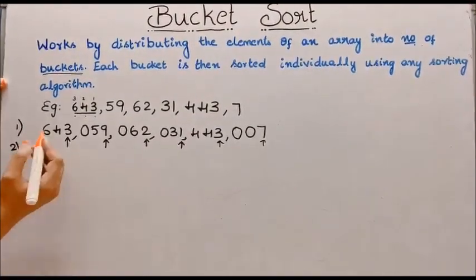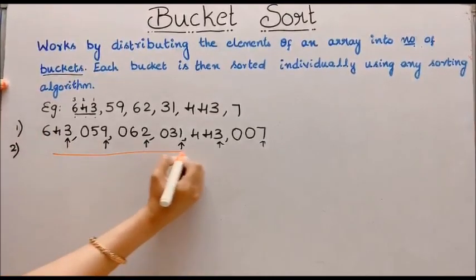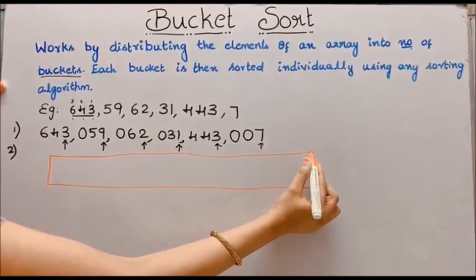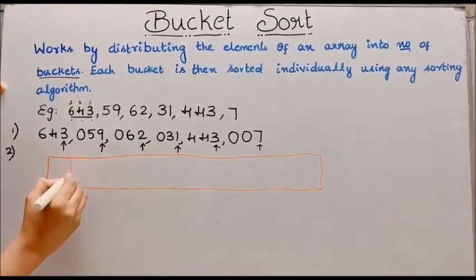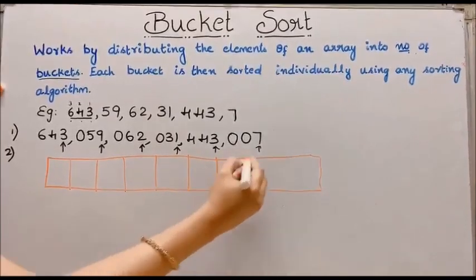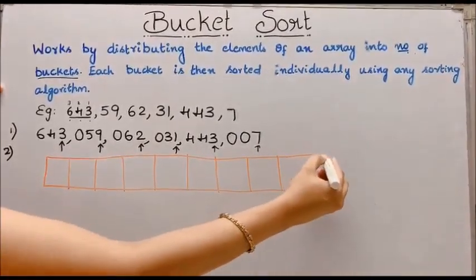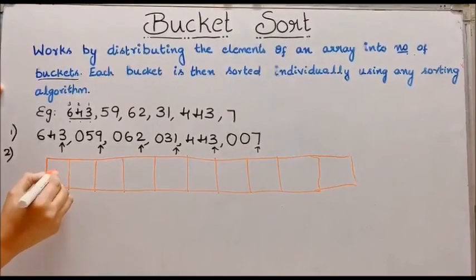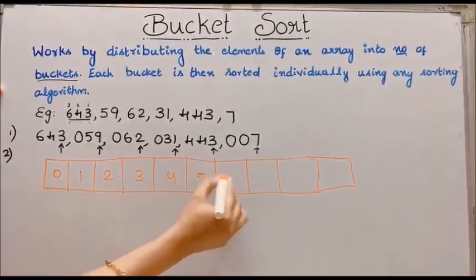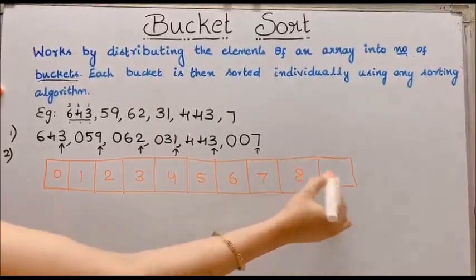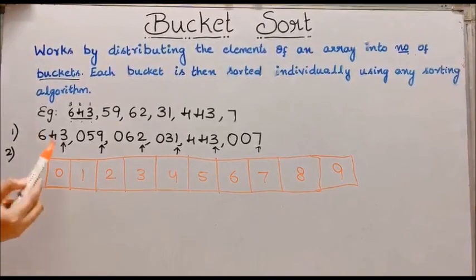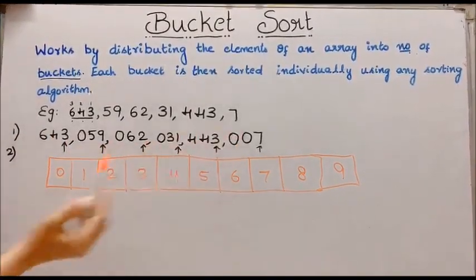For this example, I am considering 10 buckets ranging from 0 to 9. 0, 1, 2, so this is the 0th bucket, first, second, third and so on. Total 10 buckets.